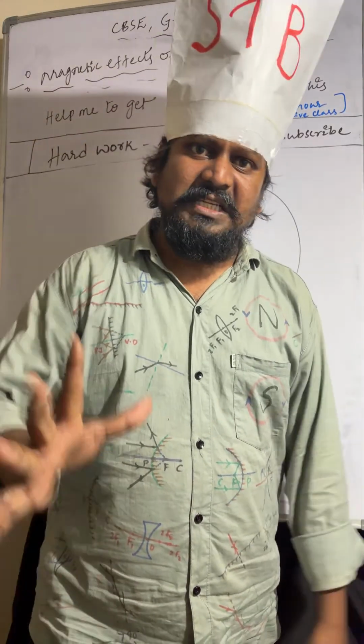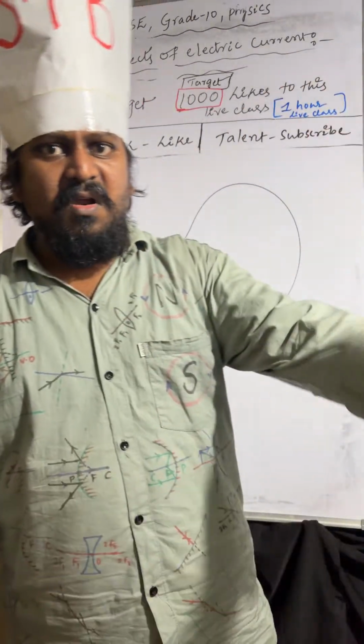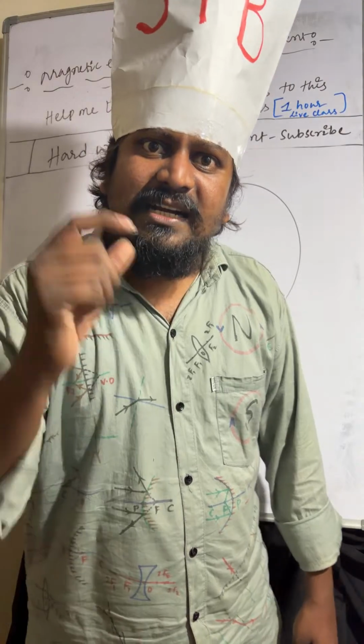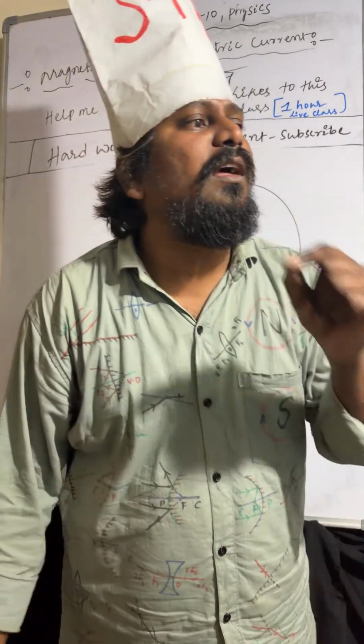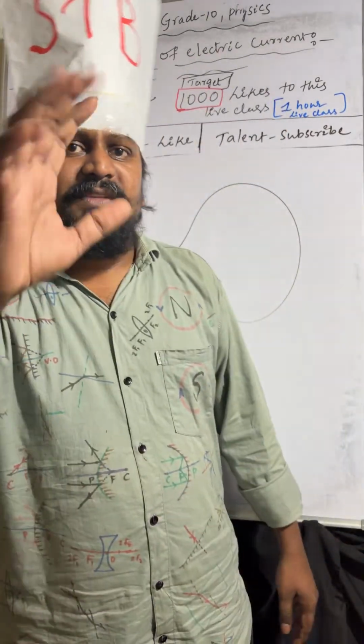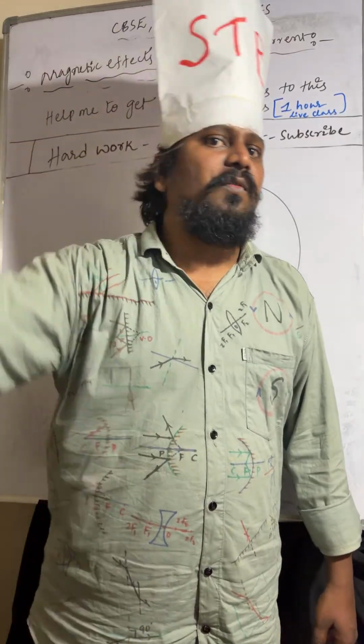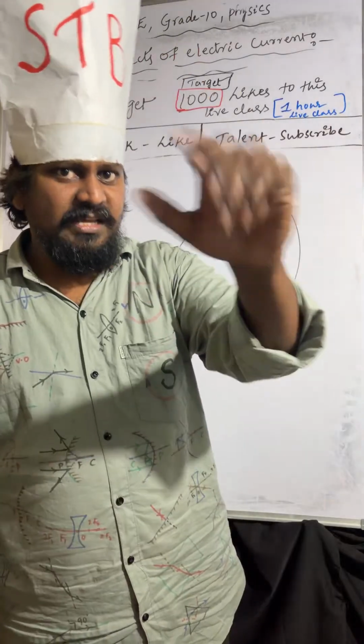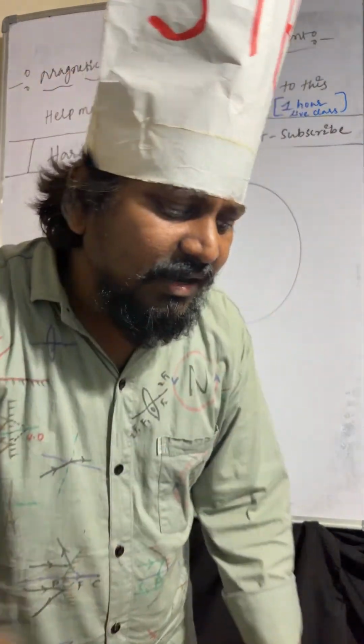Now, if the current is passing through the loop, a magnetic field will be produced.